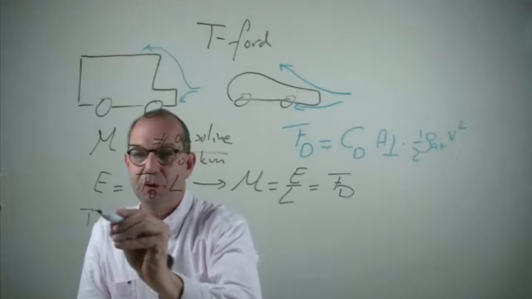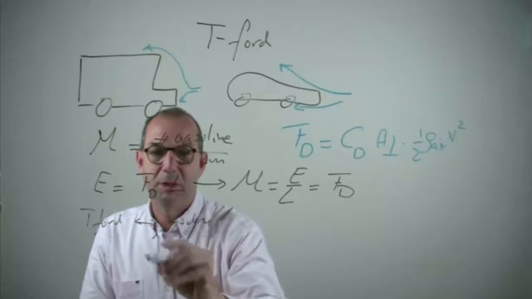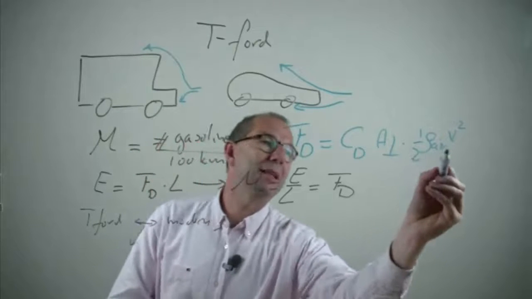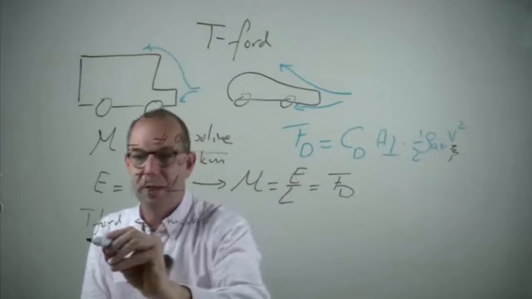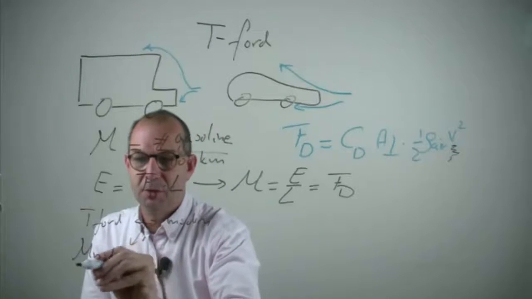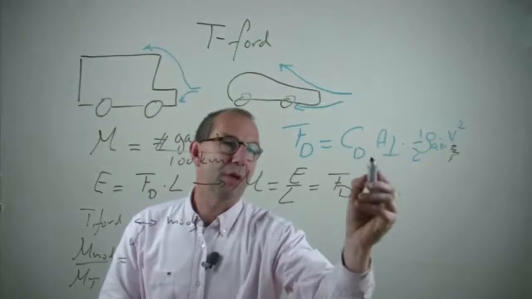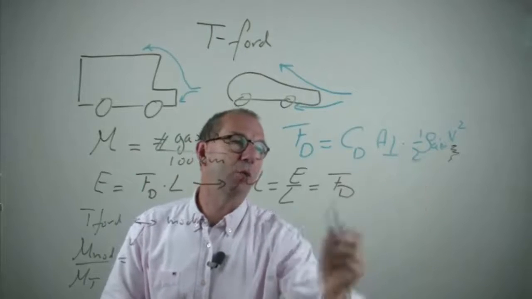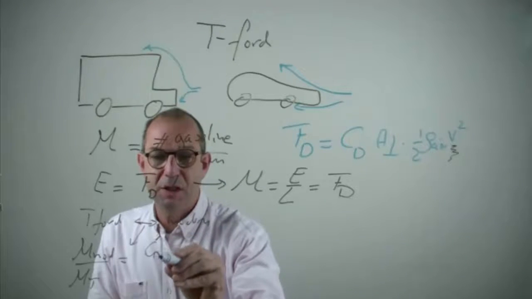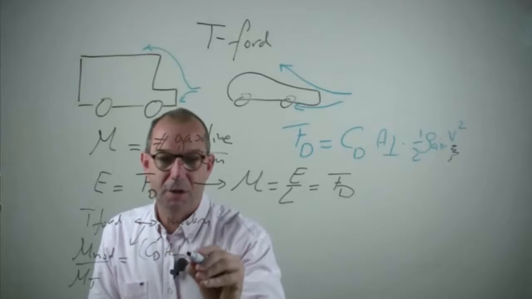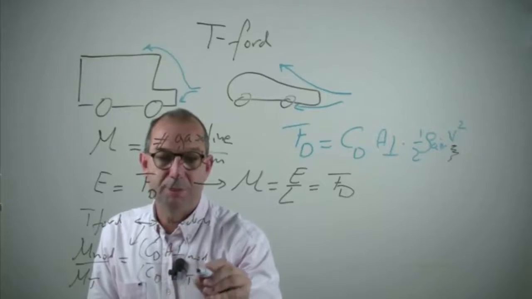If we now have the Ford Model T and compare that to a modern car, and we let them drive at the same velocity, we see that the ratio of the mileage of a modern car over the mileage of the Model T equals the drag coefficient times the frontal area, as half rho v squared is the same for both. Thus we have the C_D A perpendicular for the modern car over C_D A perpendicular of the Model T.